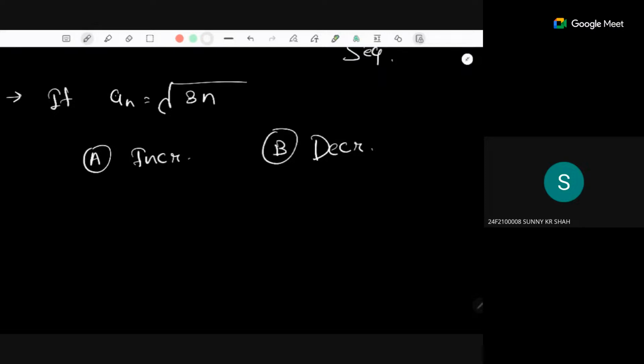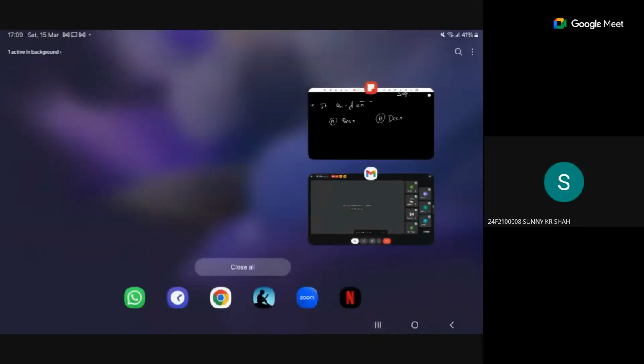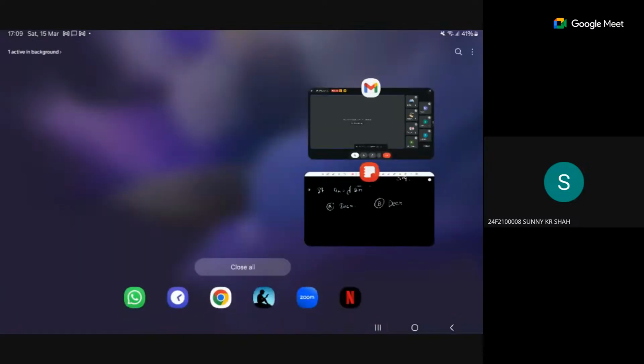Is it an increasing sequence or decreasing sequence? an is equal to under the root of 3n. So yes, it is an increasing sequence, right?